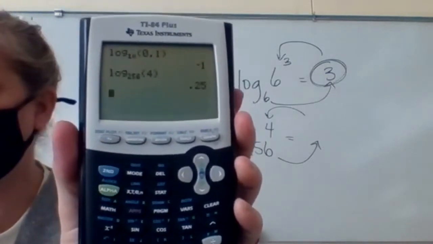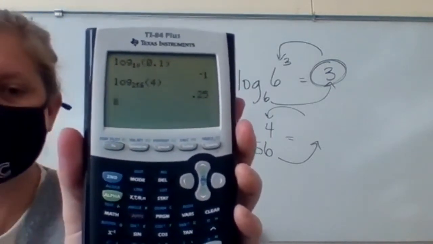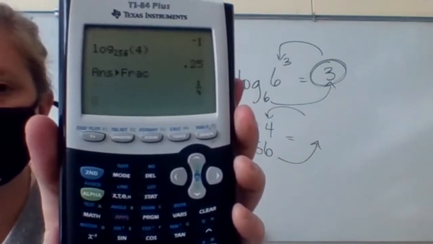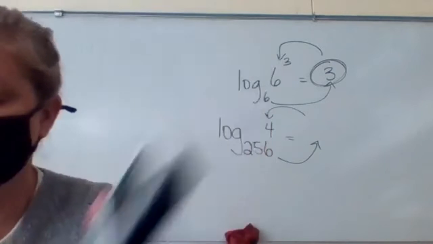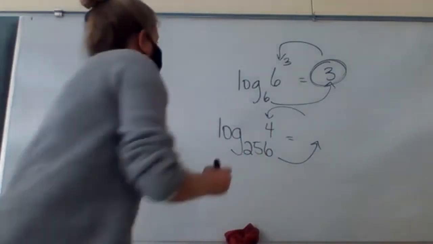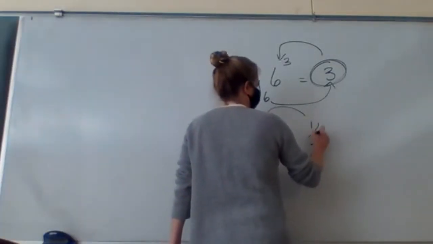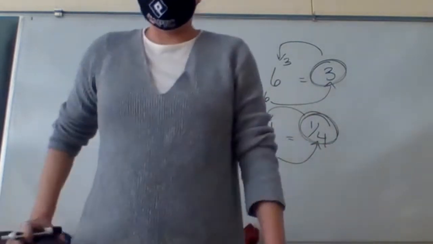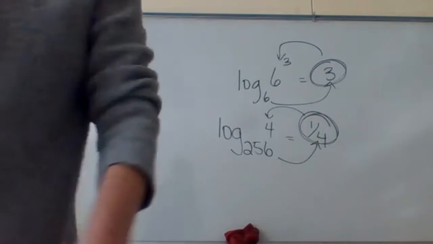It says to type a fraction, so 0.25 is 1/4, right? Math, enter if you're not sure. So 1/4 power. So this right here would be 1/4.